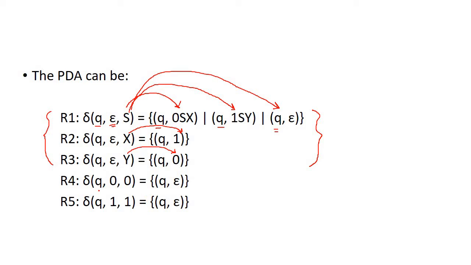So Q is the state, 0 is the input symbol, and 0 is on the stack top. We are simply taking this 0 from the stack and placing epsilon there. We can also say that if this is Q naught in all of these states, then Q naught is being moved towards Q1.